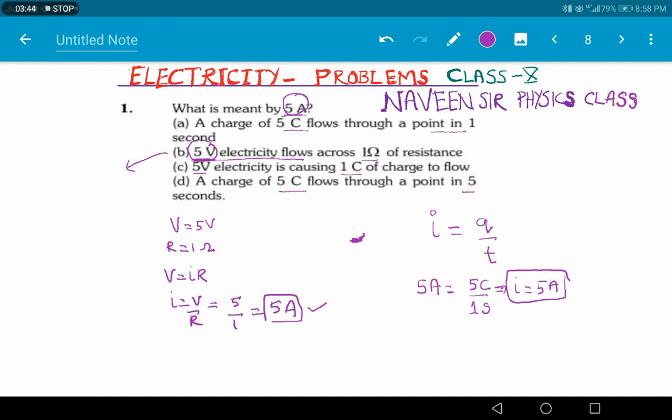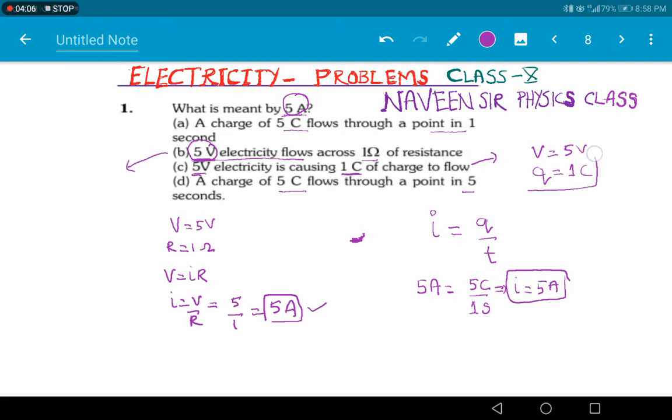Then next, come to option C. What is option C? 5 volt of electricity causing 1 coulomb of charge to flow. So V is given and Q is given: V is equal to 5 volt, Q is equal to 1 coulomb.